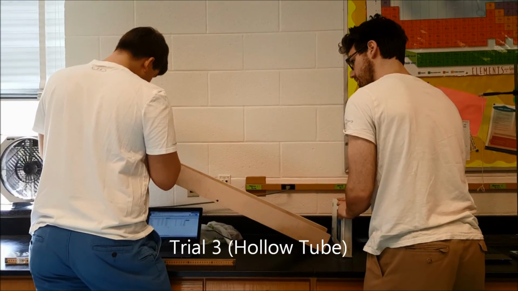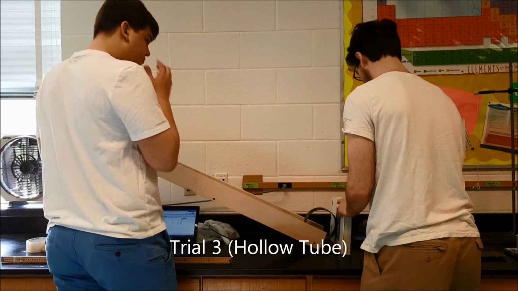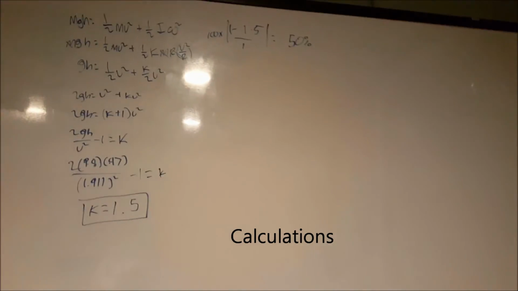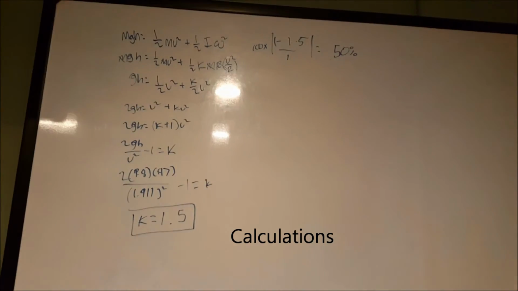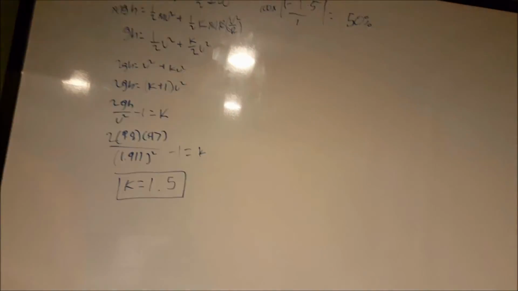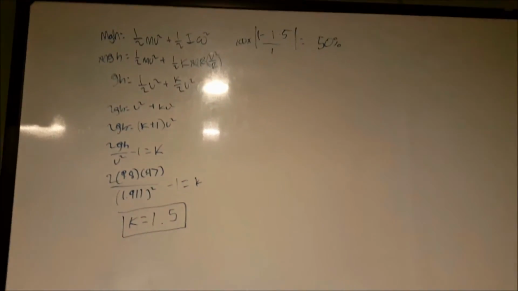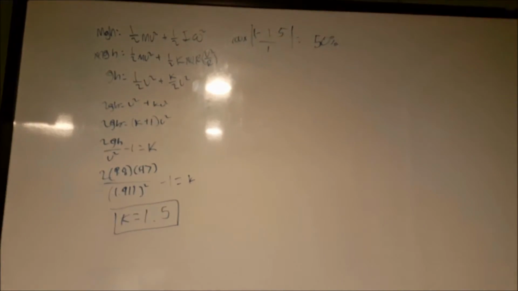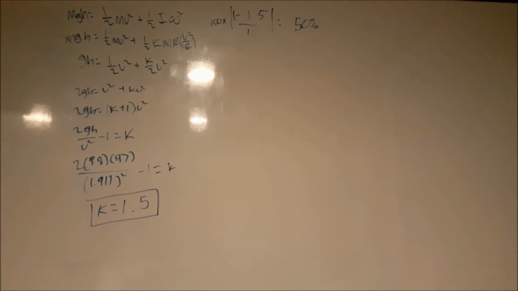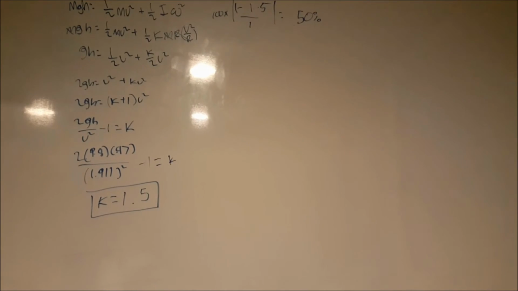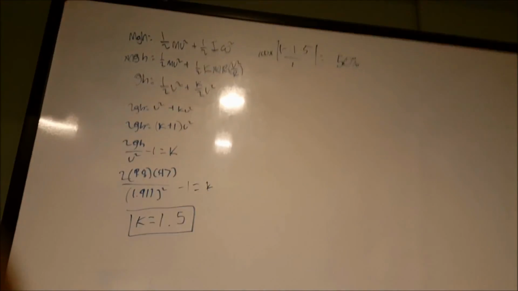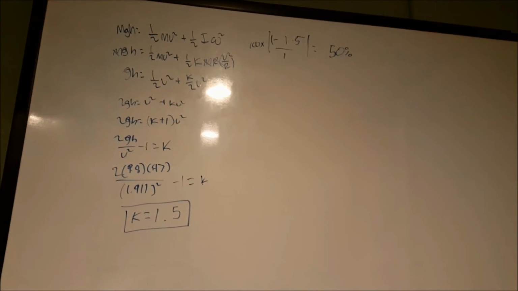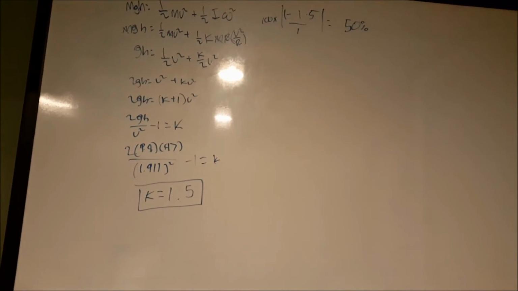So it's percent error because we're going to have to figure that out. Okay, so what we did was we took gravitational potential energy and set it equal to translational kinetic energy and rotational kinetic energy. So in the rotational kinetic energy, we substituted kmr squared because we wanted to solve for k, and we canceled out the r squareds.